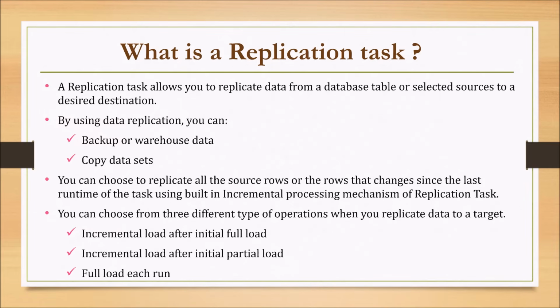You can choose to replicate all the source rows or rows that changed since the last runtime of the task using the built-in incremental processing mechanism of the replication task. You can choose from three different types of operations when you replicate data to a target. Those are incremental load after initial full load, incremental load after initial partial load, and full load each run.